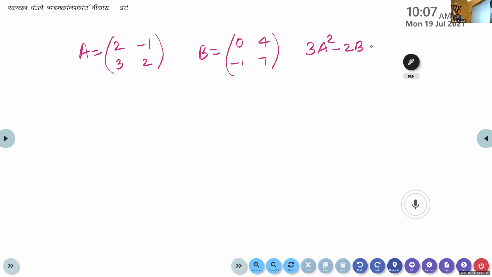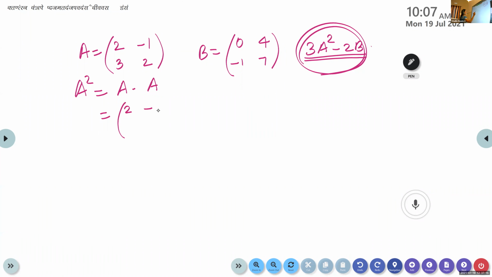A is given, B is given. Look here. We want to find the determinant of this one. That means first we should find 3A square minus 2B. So first calculate what is A square. A into A. Matrix multiplication: 2 minus 1, 3, 2 into 2 minus 1, 3, 2.